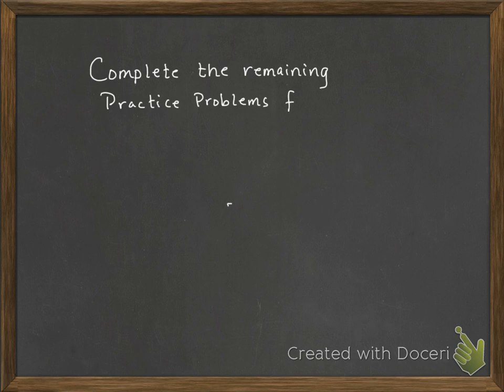So complete the remaining practice problems for this chapter. And when we have a call next week, we can answer any questions pertaining to any of this, and then you'll have your test. See you guys.